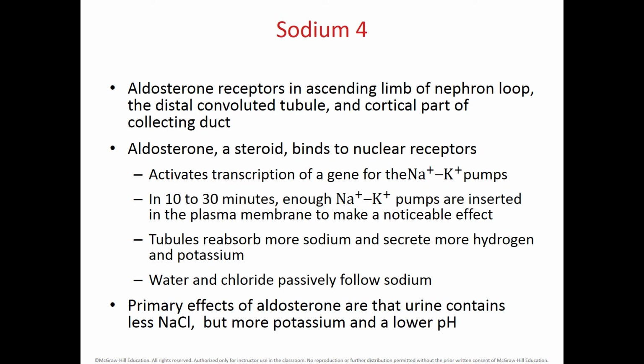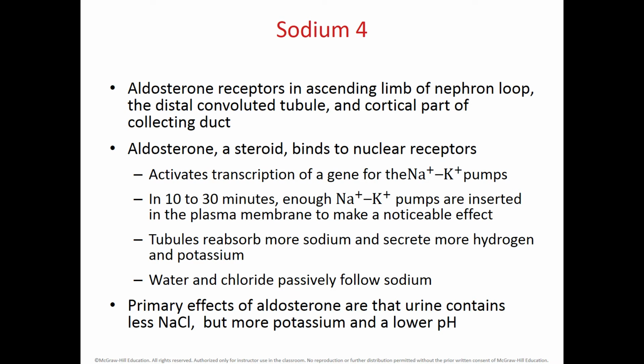Again, this is repetitive. Aldosterone is a hormone that also helps to maintain equilibrium of these electrolytes. Aldosterone is produced by the adrenal cortex, and when you have this aldosterone in your bloodstream, it reaches through the bloodstream the ascending limb of the loop of Henle and also the DCT and the cortical part of the collecting duct.